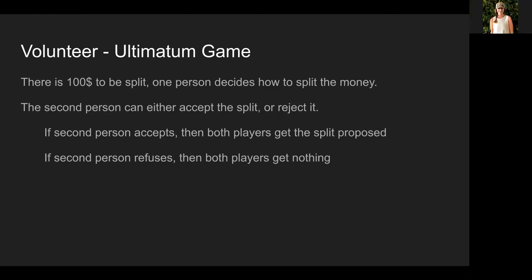So maybe like offer them 30 and I'll take 70. The Nash equilibrium of this problem is not to offer the other person $1. Huh. Because they are better off, they get more than 0, and you get the most of the profit. It's actually, if you can split it down to the cent, it's to offer them $99.99.